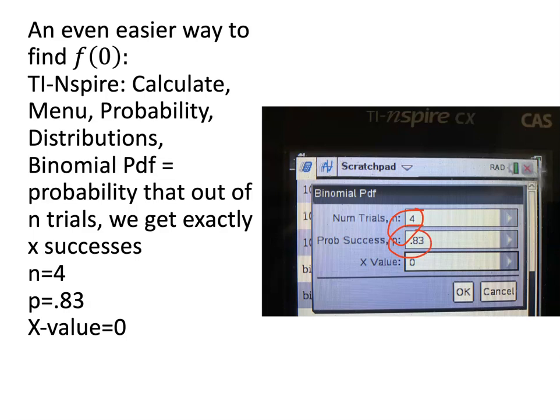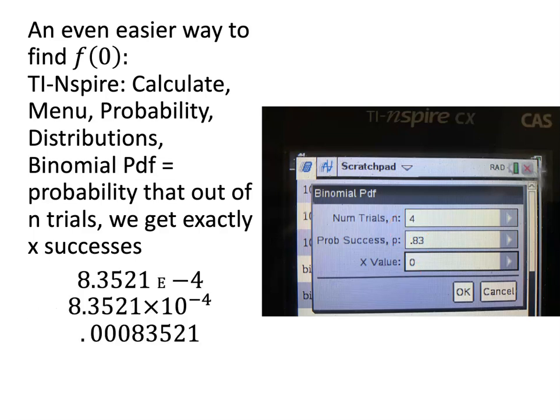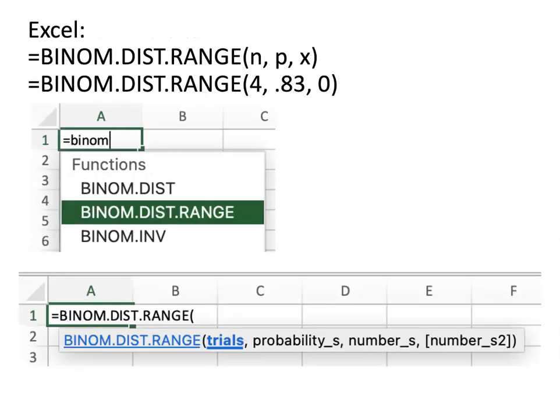Probability of success in a particular trial is 0.83. And then your x value, that's what we're trying to find. The probability of 0 successes. And then you press OK. Really, you're not pressing buttons on this. You're just using your down arrow to go from spot to spot. And once you get to OK, then you can press enter. And your calculator will spit out the same number, which is 0.0008351.